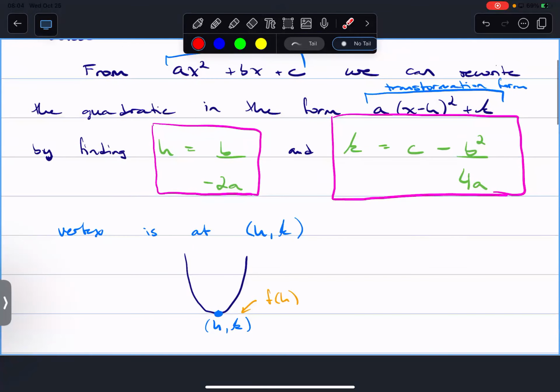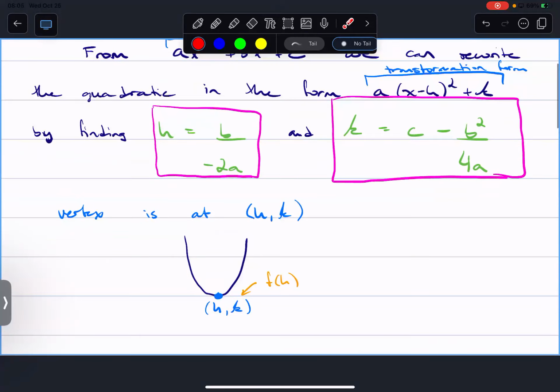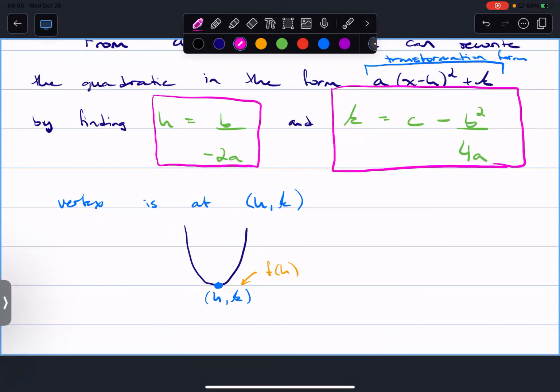And so what we did was we said, if I can transform this ax squared plus bx plus c into a times (x minus h) squared plus k, then it's easy to find the vertex. Why do we care about the vertex? We care about the vertex because it's either going to be a maximum or a minimum.